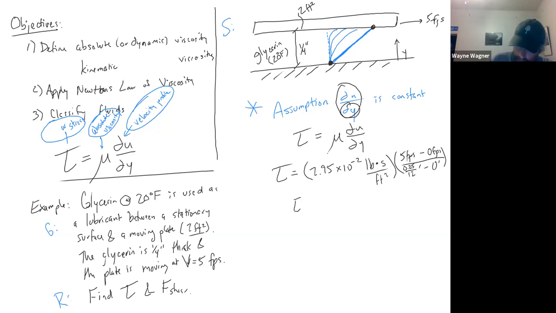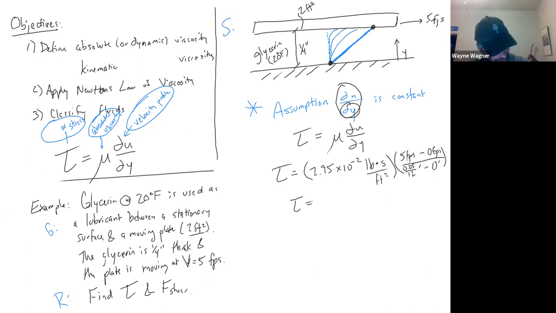So tau equals, let's go ahead and do the little math here. Actually, I've already got this worked out, but I don't have it worked out the way I like it. So 2.95 times 5, we'll multiply by 12 and then divide by 0.25. Sorry, something's wrong here.